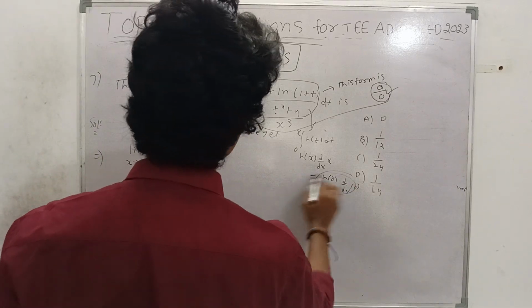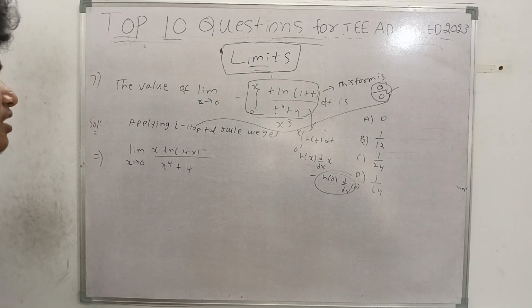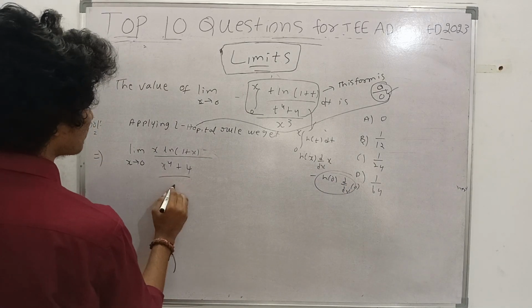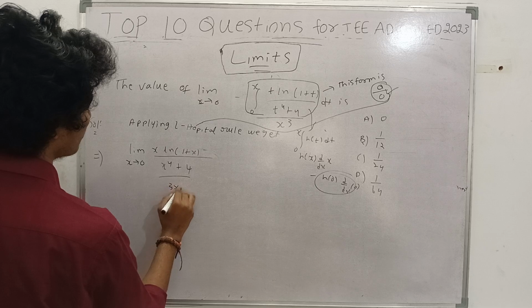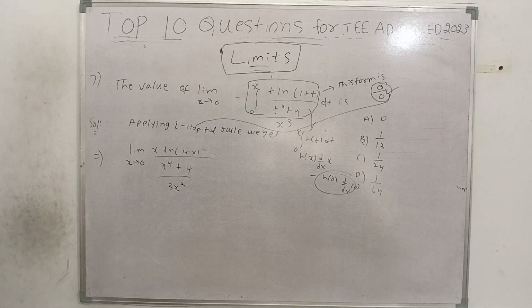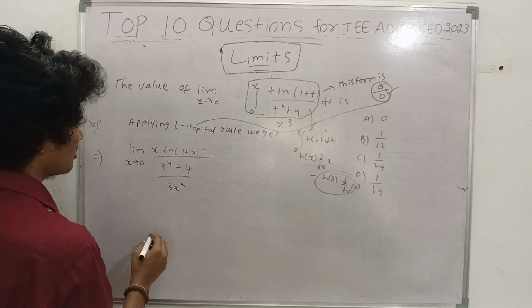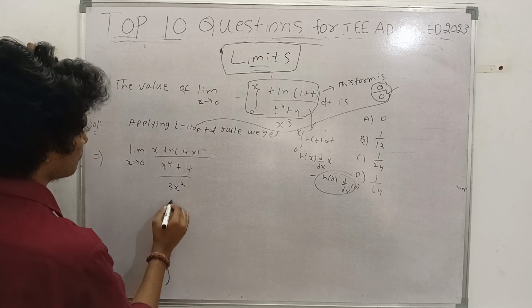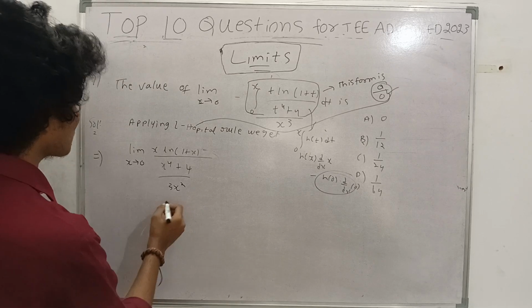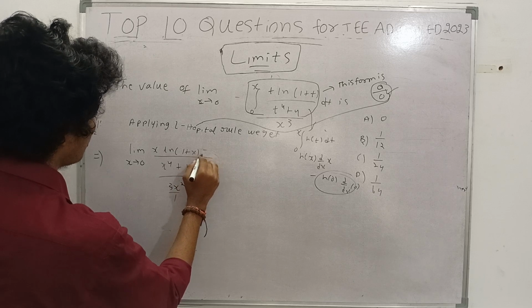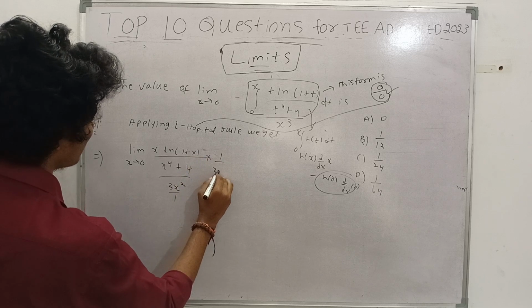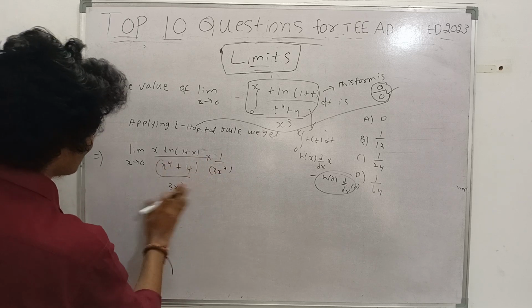The differentiation of 0 is 0, so there is no need to do that. And here it is x cube. X cube differentiation is 3x square. Have you understood? And next, 3x square divided by 1, it will be into 1 by 3x square.